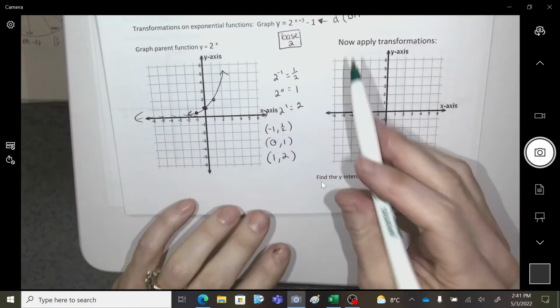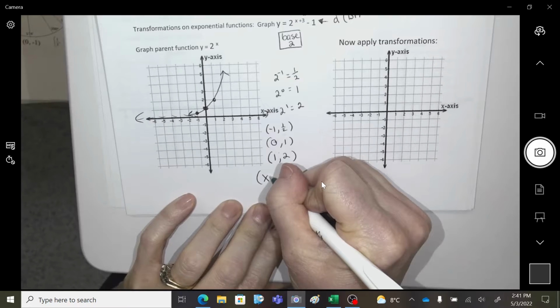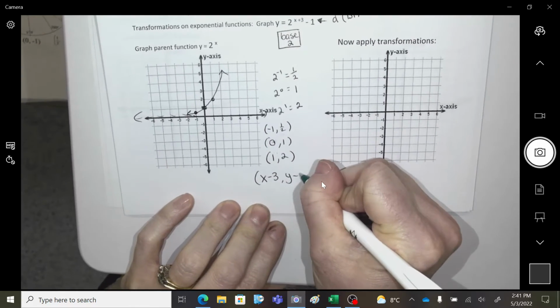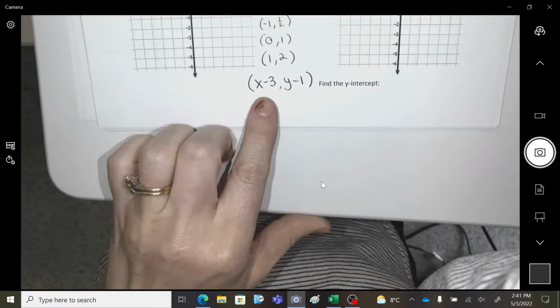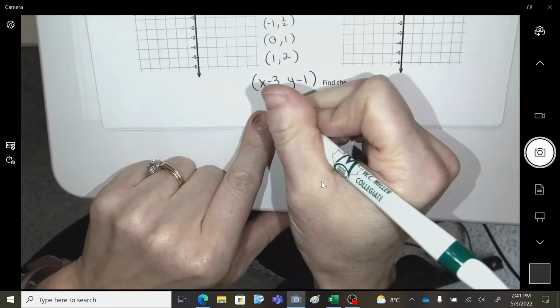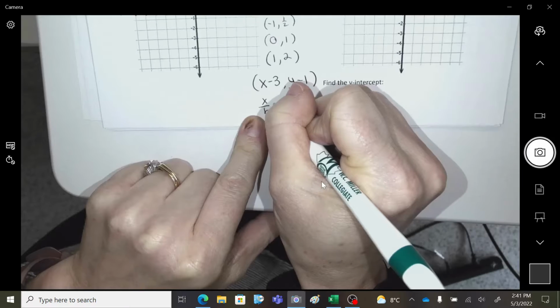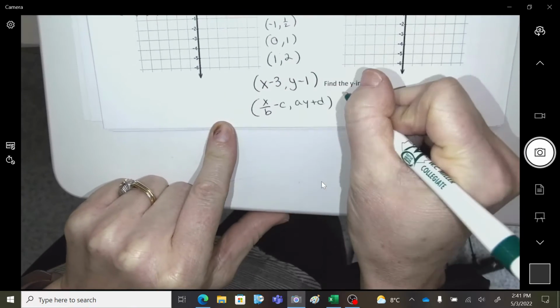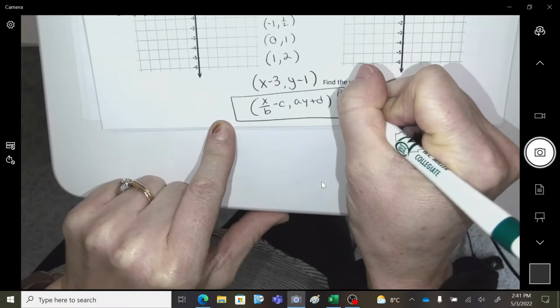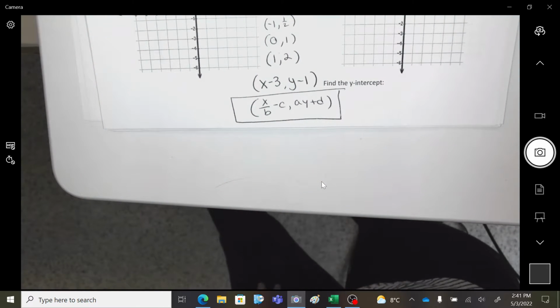So I need to go left 3 and down 1. Do you remember how to write these? Should I recall here? X divided by B minus C, AY plus D. Back to that old thing, right? We're good with that still?